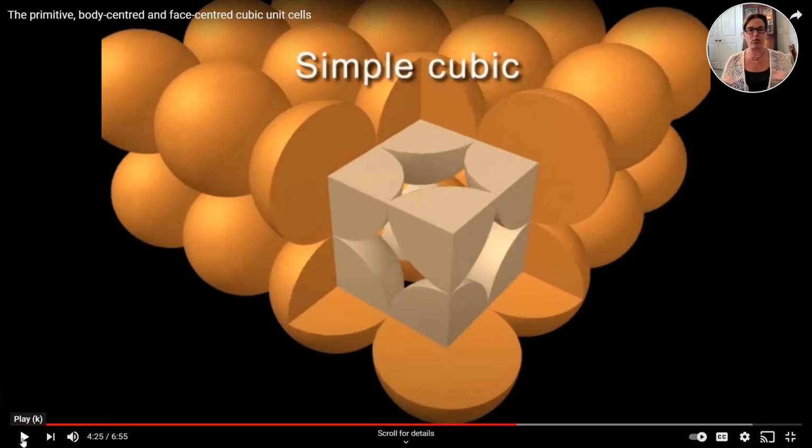So the second row of eggs could go into the spaces between the first row of eggs. In the simple cubic unit, that is not the case. The eggs are stacked one on top of the other. That will change with body-centered and face-centered units. Because of this inefficiency, the simple cubic unit cell is seen rarely in nature.